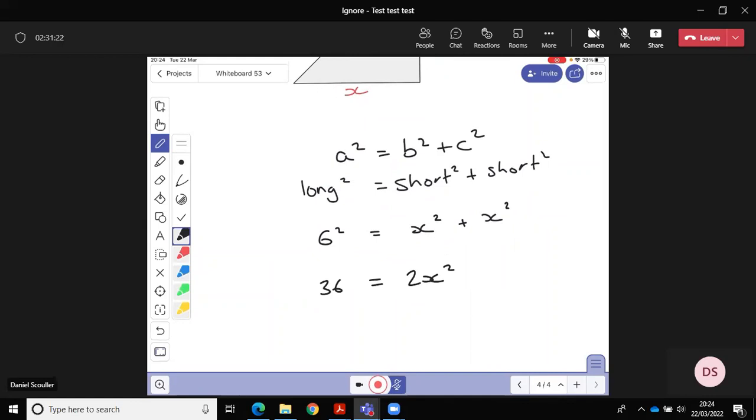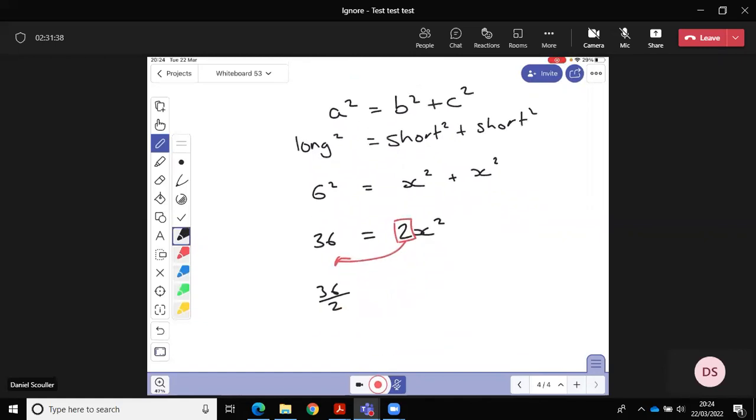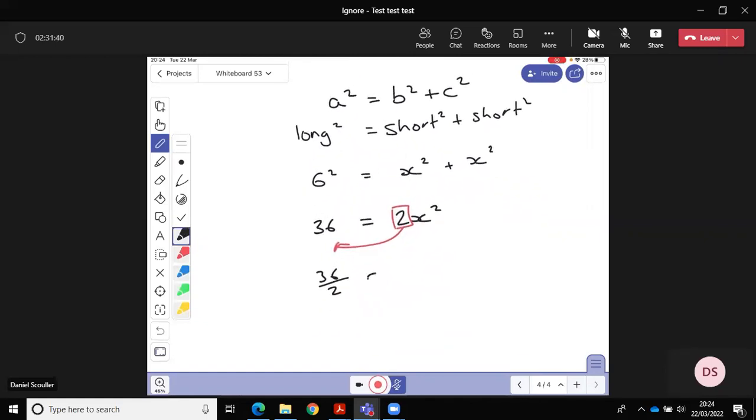So we want to rearrange that to end up with x on its own. So you've got 36 over 2 equals x squared, or what's that, 18 equals x squared.